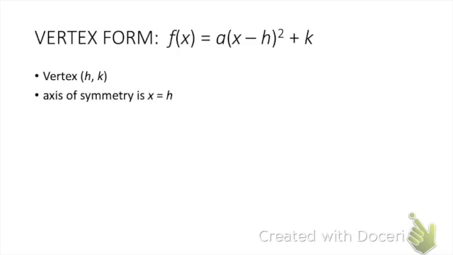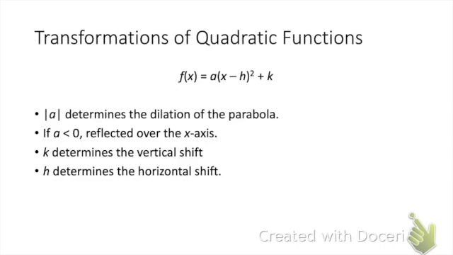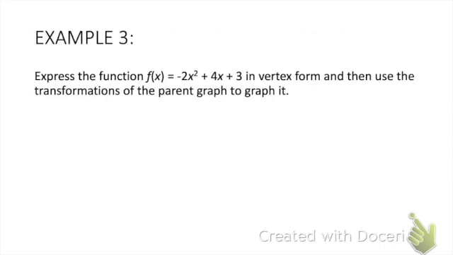Okay? All right. I don't think we need all of that. So let's go ahead and put this into vertex form. We've got the function f of x is equal to negative 2x squared plus 4x plus 3.